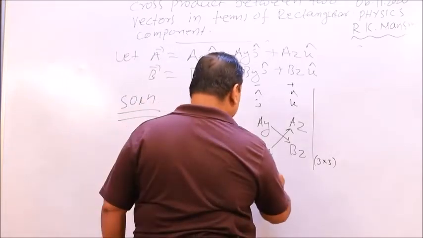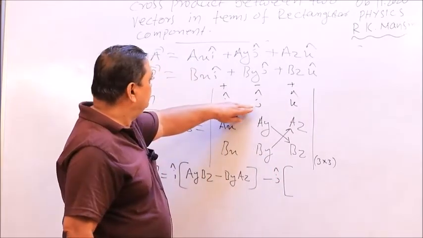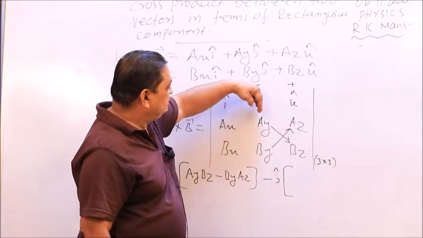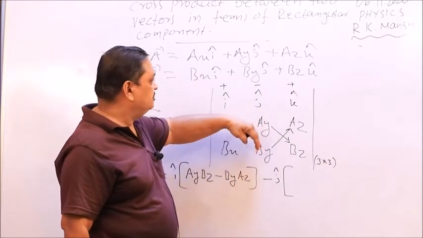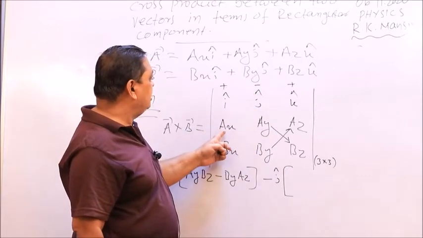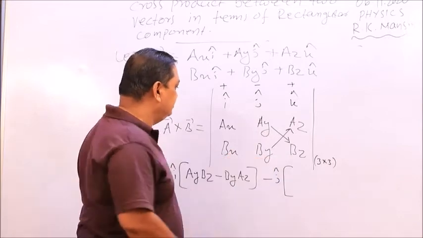Now over i cap, then come to j cap. In the case of j cap, the first row and the second column are connected to j cap, so you remove the first row and second column. You will get four terms ax, az, bx, bz.